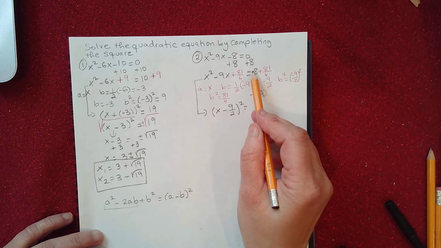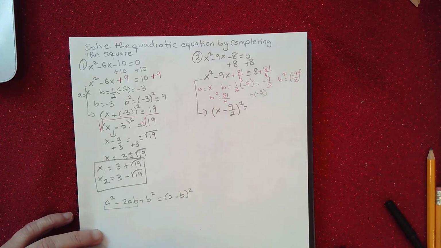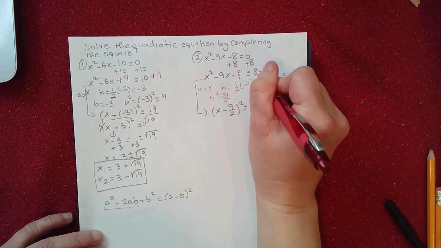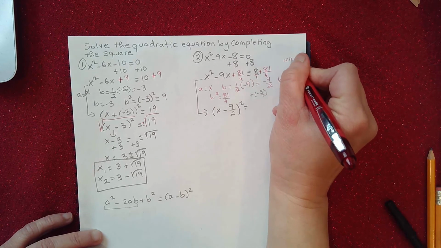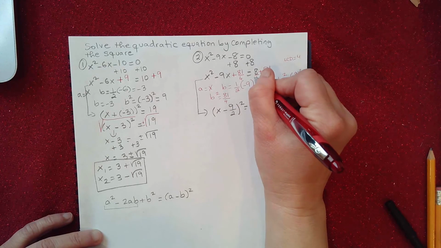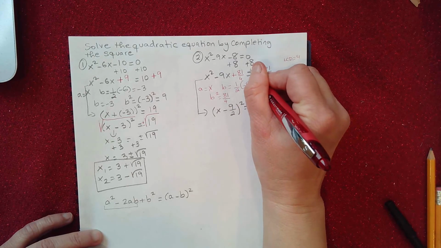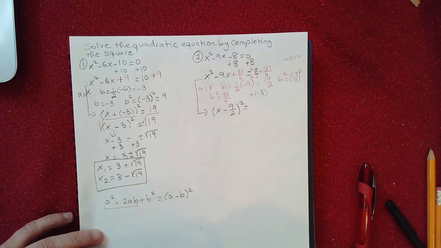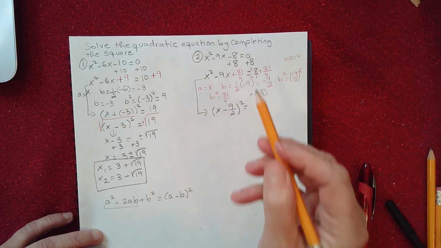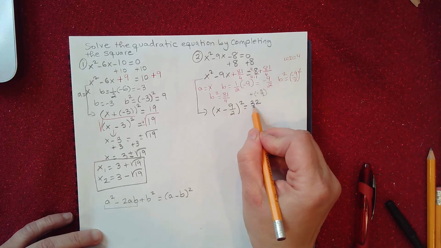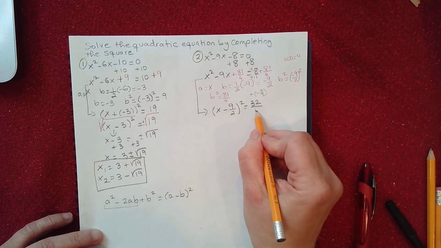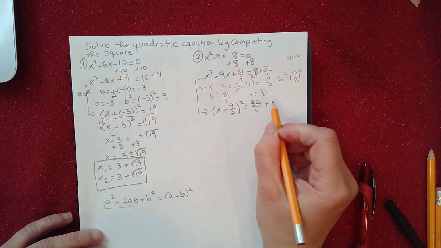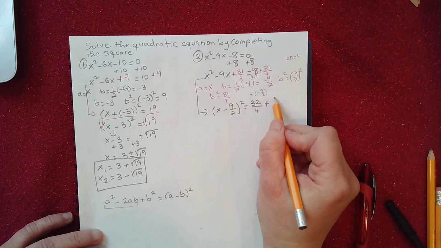Remember, they are not the same denominator. So to add them, you need to have the same denominator. The LCD here is 4. So you multiply 8 by 4, and we get 32 over 4, plus, I have to bring this down, 81 over 4.